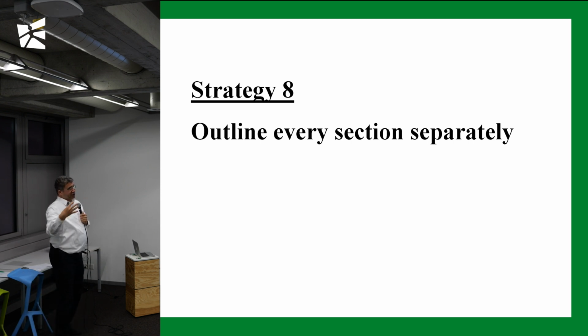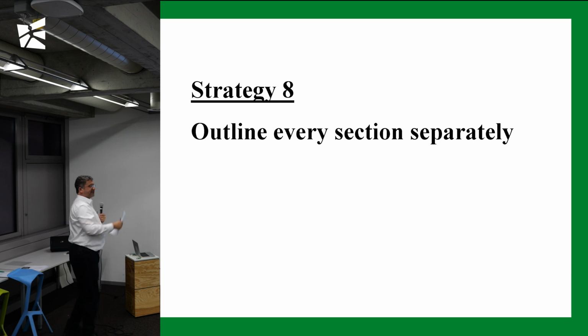So, if you connect strategy 6, namely create a separate document for every section, with outline every section separately, on your empty page or empty screen it would say literature review. You'd have your goals, in other words, your guiding questions, and then you'd have an outline.